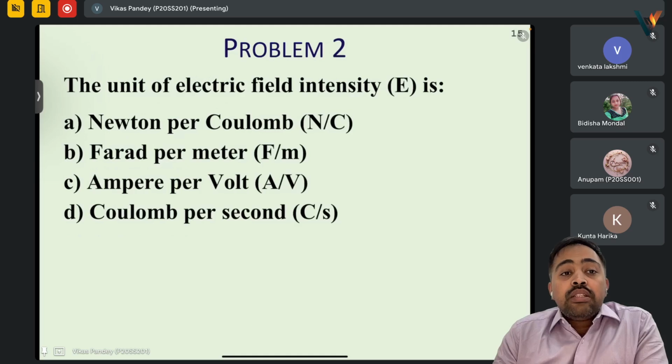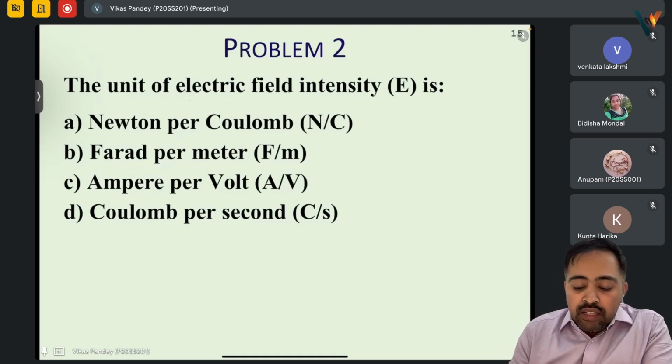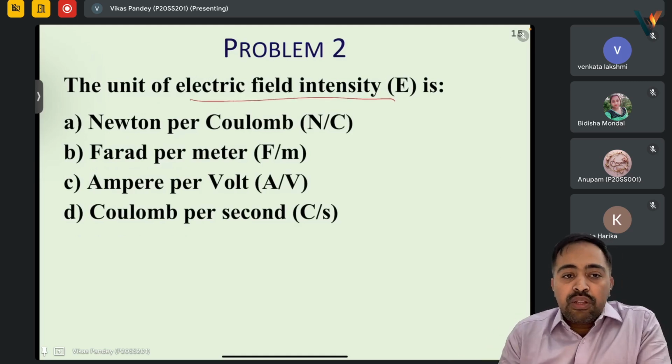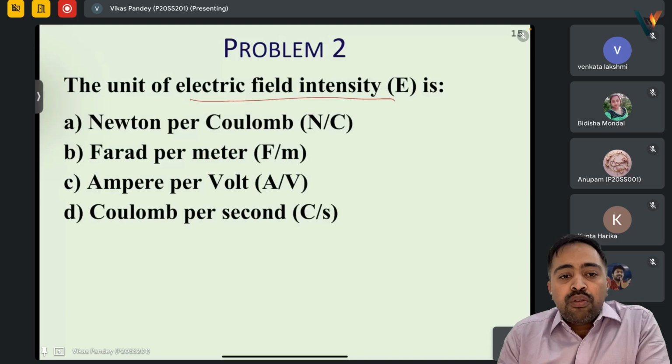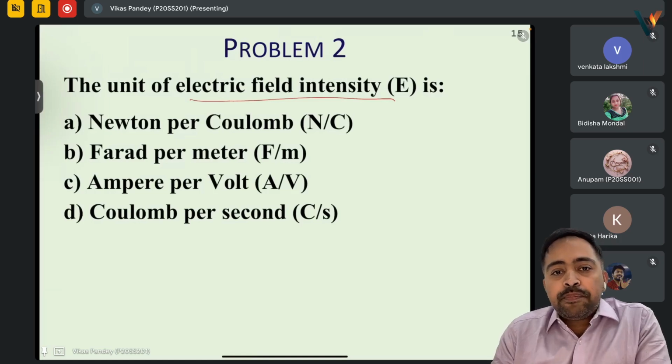So next is, what is the unit of electric field intensity? Newton per coulomb, farad per meter, ampere per volt, or coulomb per second? Yes, anyone? Please speak up.